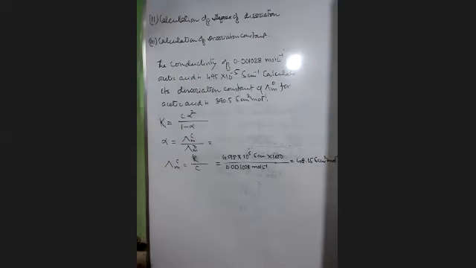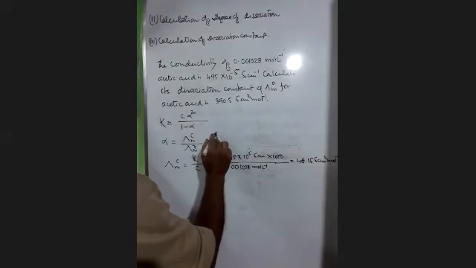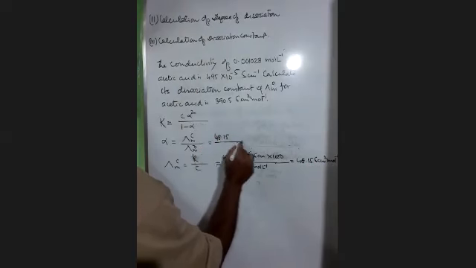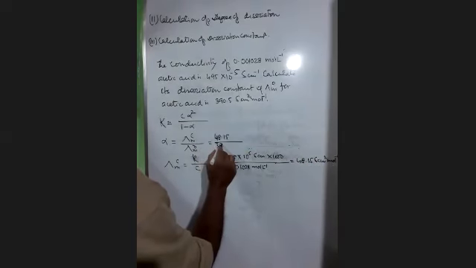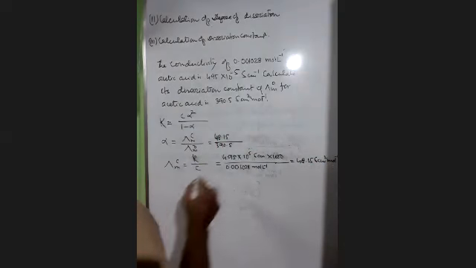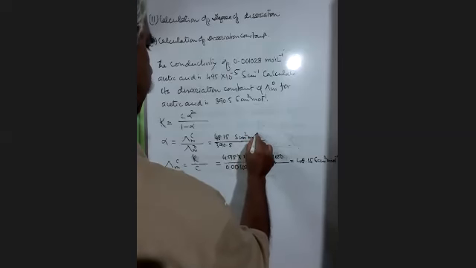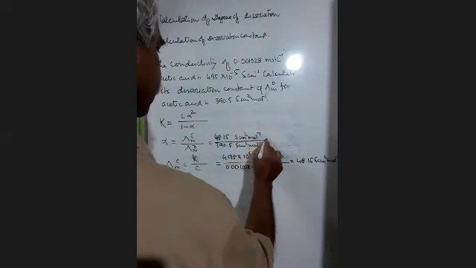Okay. So you have to put this value here: 48.15 divided by this value, 390.5 Siemens centimeter square mole inverse.